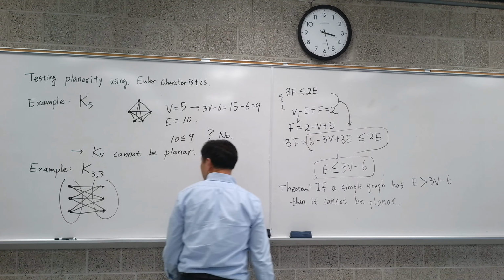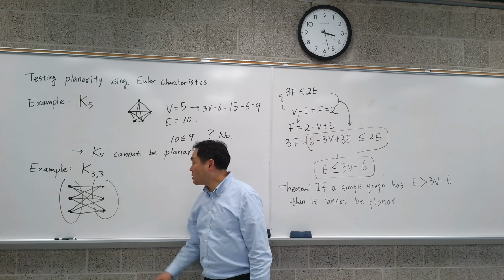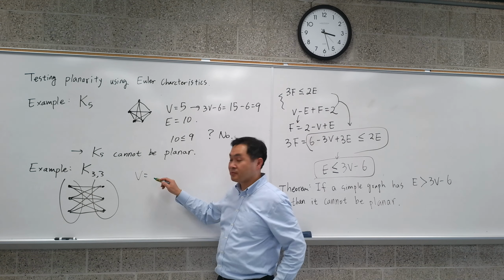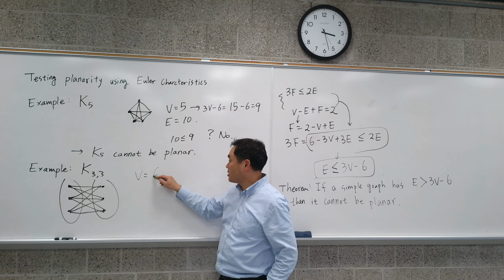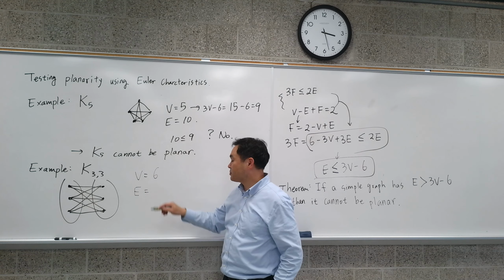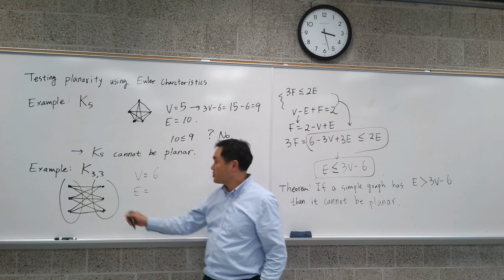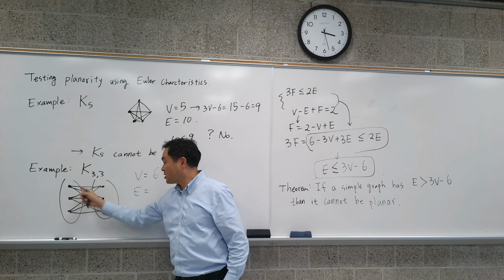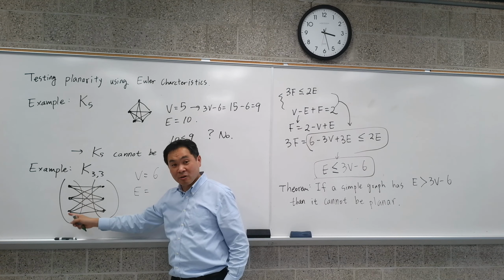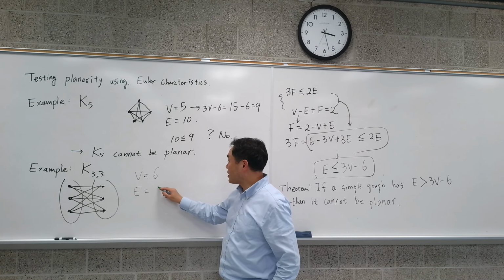And for this one, how many vertices are there? 6. How many edges are there? 9, because there's 3 coming from here, 3 coming from here, 3 coming from here. So it's 9.